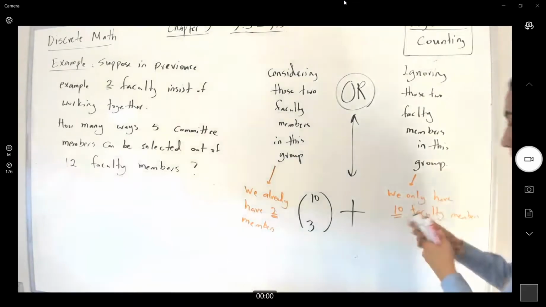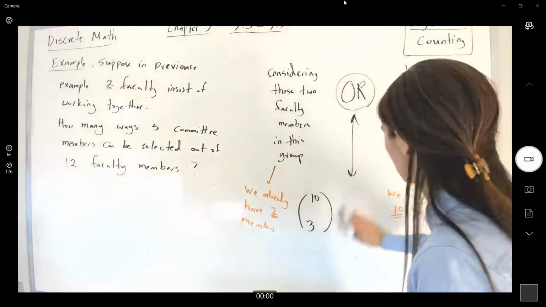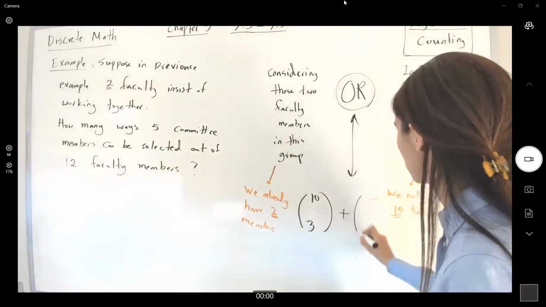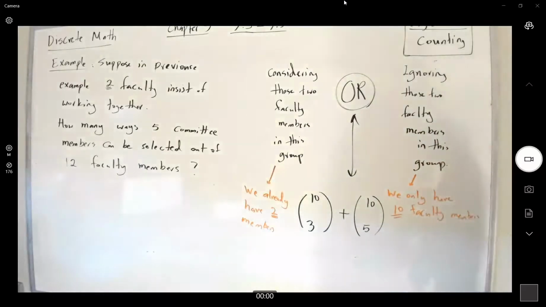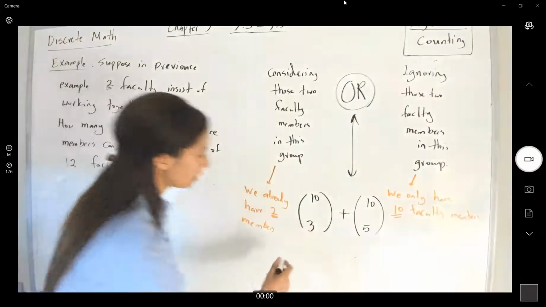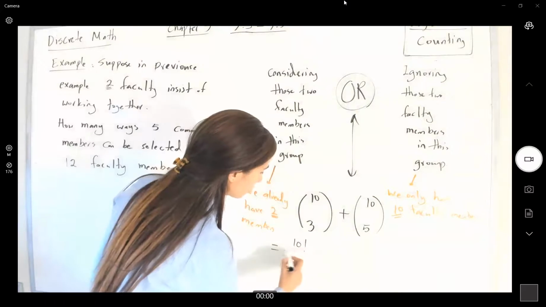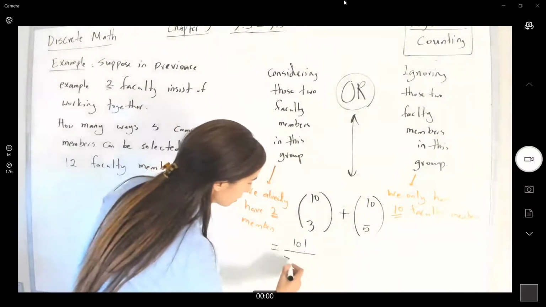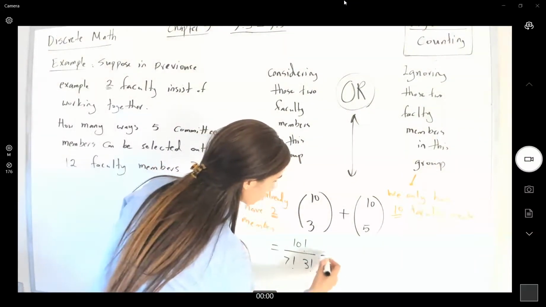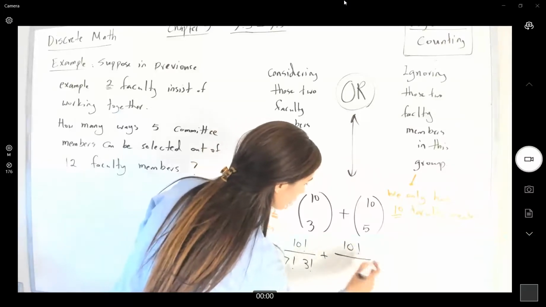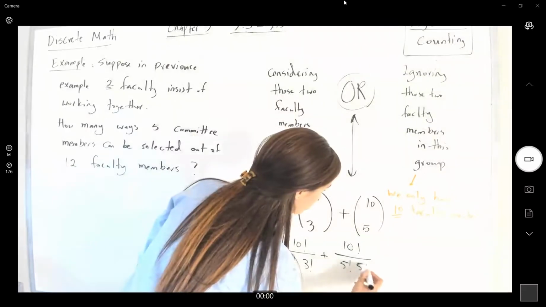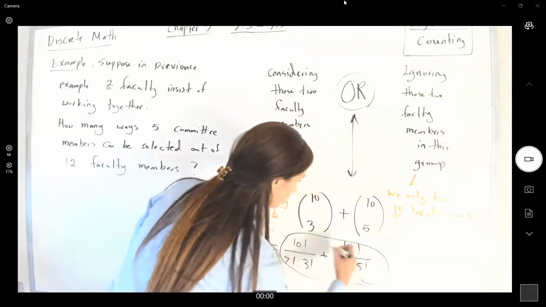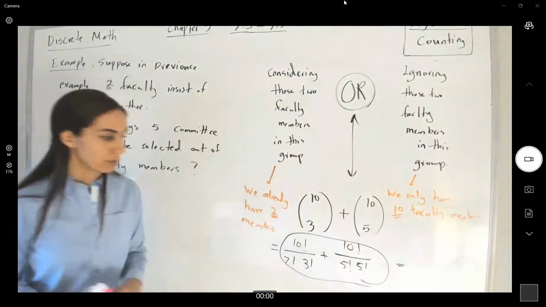So plus 5 out of 10. We get 10 factorial divided by 7 factorial times 3 factorial, plus 10 factorial divided by 5 factorial times 5 factorial. If you calculate this, you find the result.